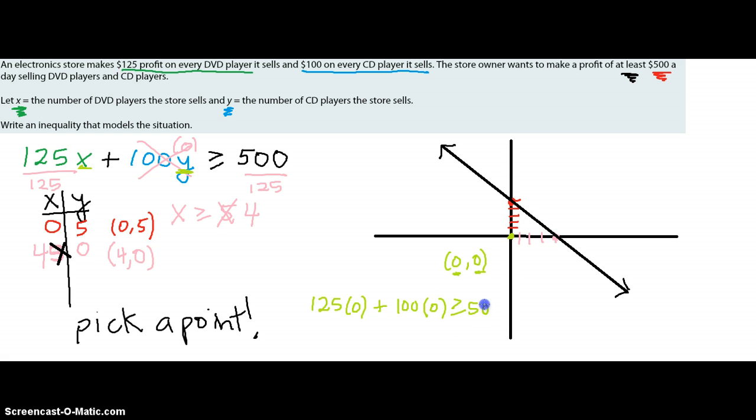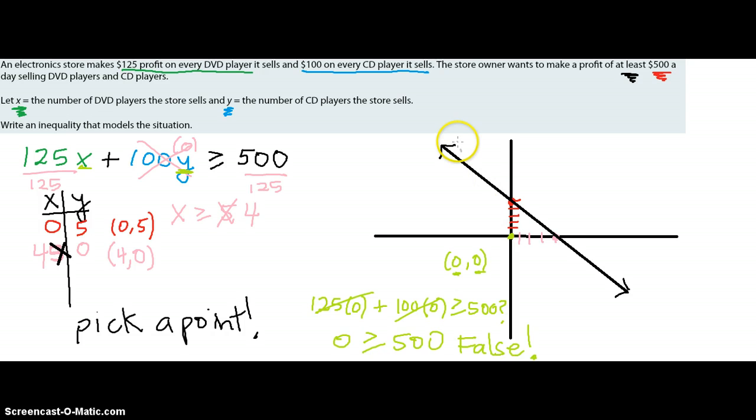We're asking ourselves the question. Well, this is going to go away to 0, and that will go away to 0, so that just leaves us that 0 is greater than or equal to 500. That is a false statement, isn't it? Which means all of our shading needs to take place above the line.